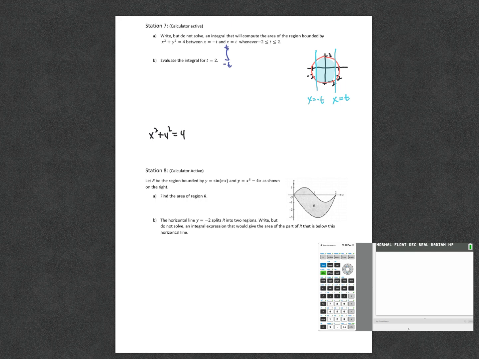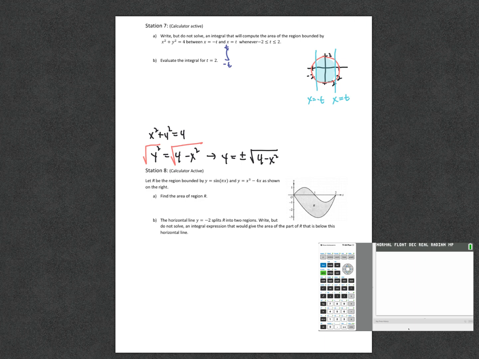You could solve for y squared first, subtract the x squared, and then square root both sides, and you get y equals plus or minus square root of 4 minus x squared.